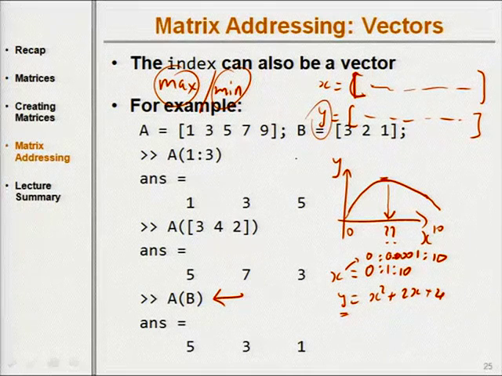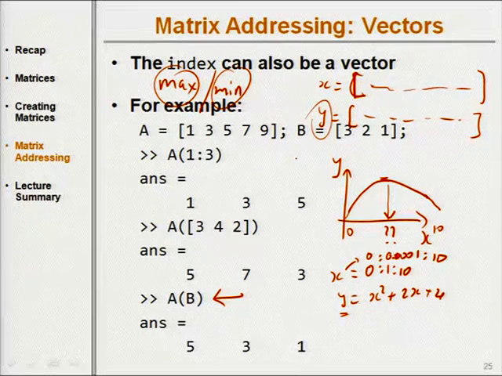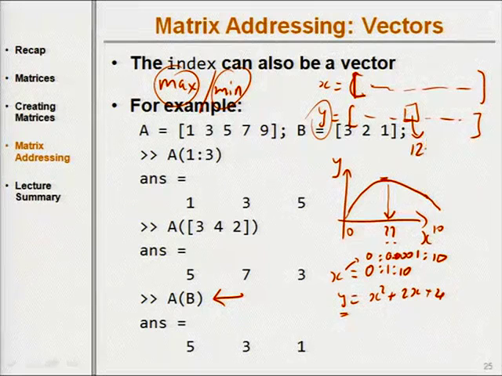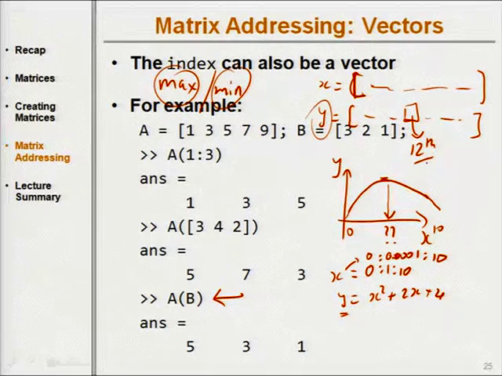We can also use that same command to give us the index of that maximum value. So let's say the maximum value of y occurred here, and this was the 12th value in that vector. Using the max command, we can extract that 12th value. Then we can look for the corresponding 12th value in X.